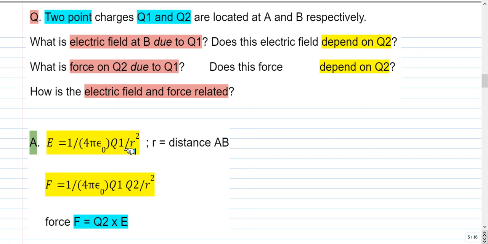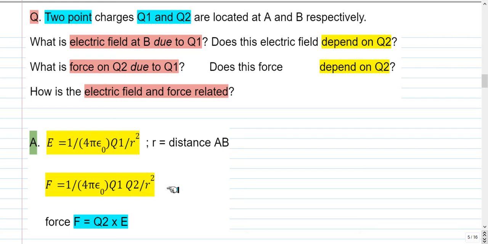The electric field due to a point charge Q1 is given as 1 by 4 pi epsilon naught Q1 by R square, where R is the distance between the source charge Q1 and the point where the electric field is being measured. So this electric field depends only on the source charge Q1 and not on Q2, and the force between the charges Q1 and Q2 is given by Coulomb's law as 1 by 4 pi epsilon naught Q1 Q2 by R square.